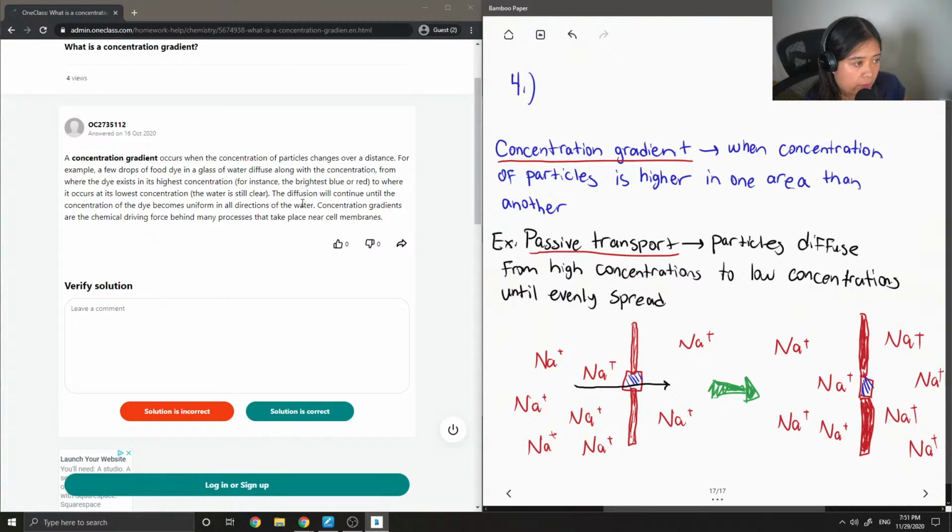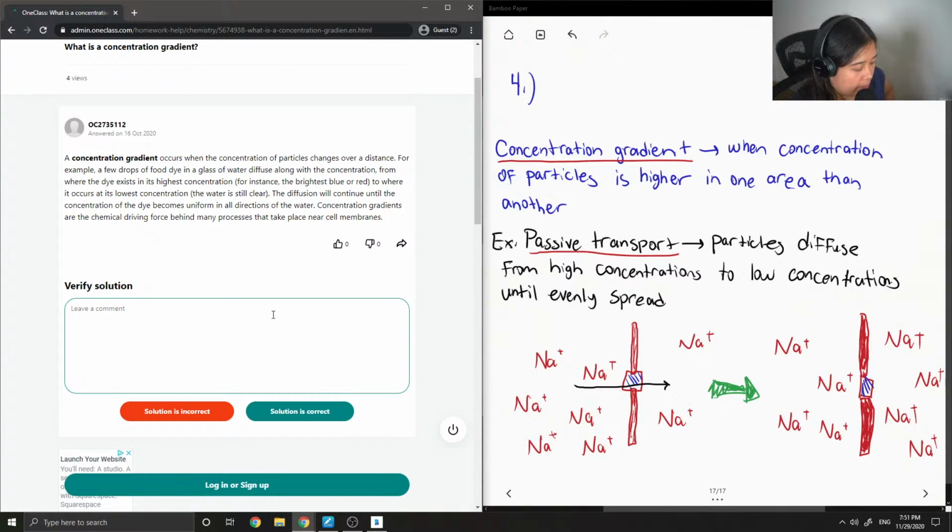The diffusion will continue until the concentration of the dye becomes uniform in all directions of the water. Concentration gradients are the chemical driving force behind many processes that take place near cell membranes. Yep, so this solution is correct.